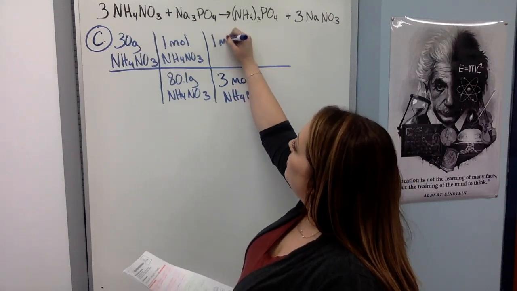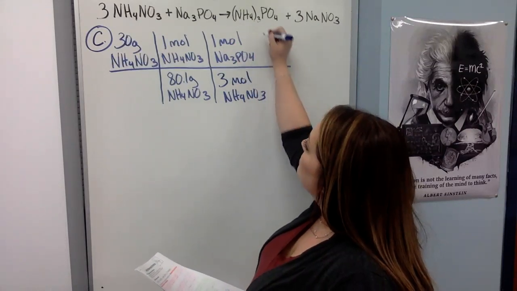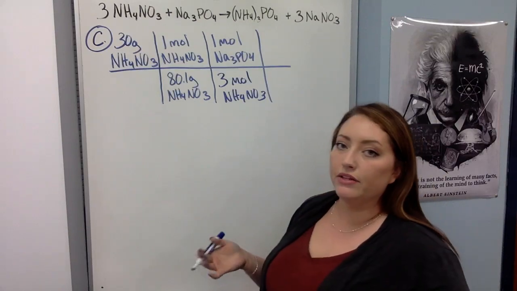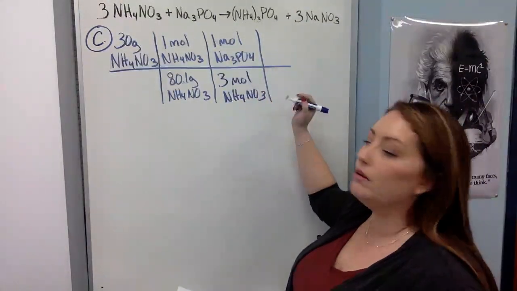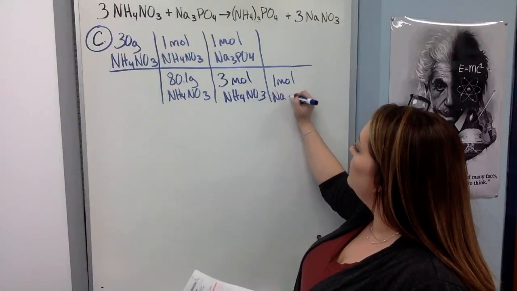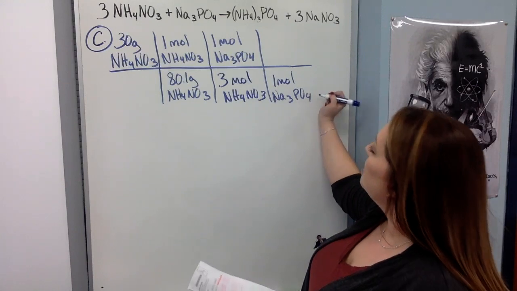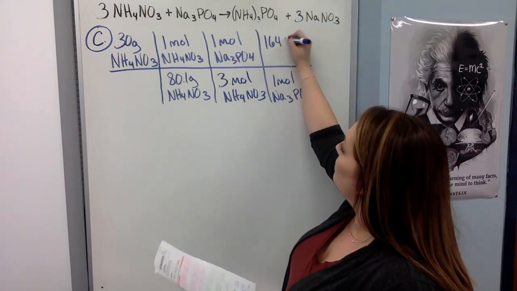Okay, and then we have 1 mole up here. Right, and just like the others, we're going to pull this all the way out to mass. So we're going to convert the ending here all the way out to grams. So we have 1 mole of the sodium phosphate is equal to a mass of 164 grams.